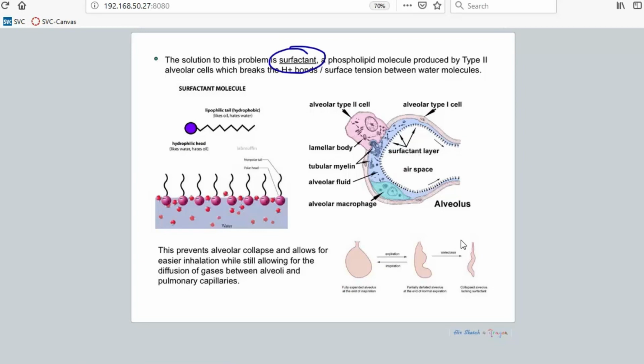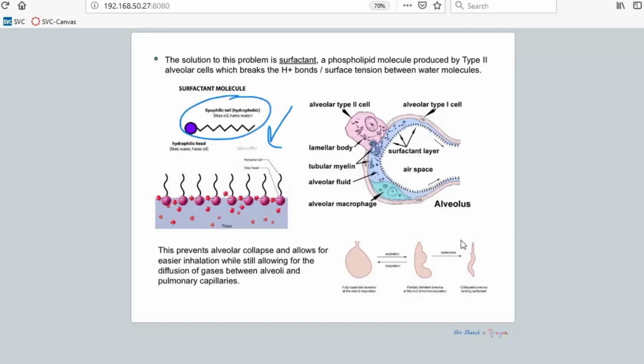So here we have the alveoli, and here's our layer of water, and you have these cells close by that are actually going to produce this surfactant molecule and release it into the water there. That's what this is illustrating right here.